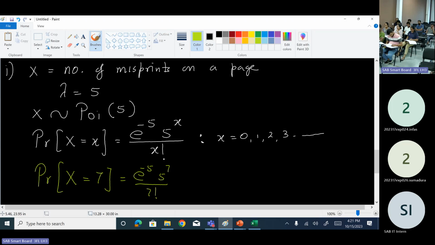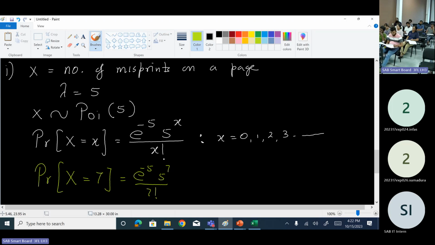Using that one, to answer that second question, how should we define the variable? At least 4 misprints on 2 pages. So how should we define it? Number of misprints on 2 pages. Lambda will be per page. What is the average? 5.